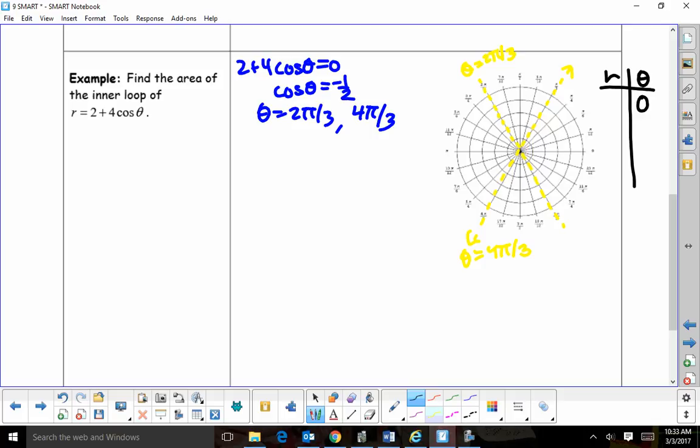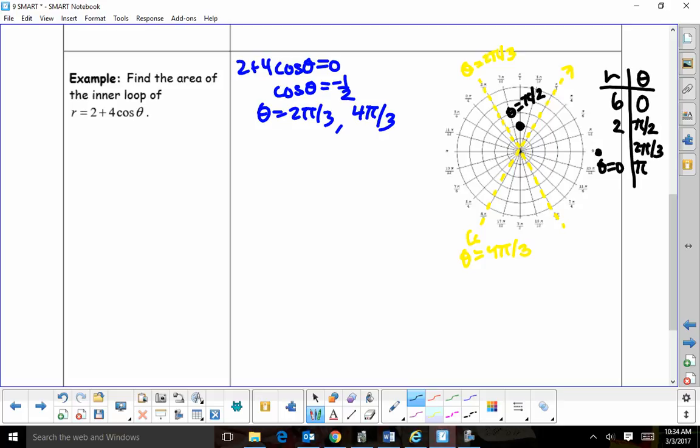So at 0, we are at 6. And then what do you want to do next? Pi over 2? We are now at 2. And then we could go ahead. I know 2 pi over 3 is in between this guy and pi, right?